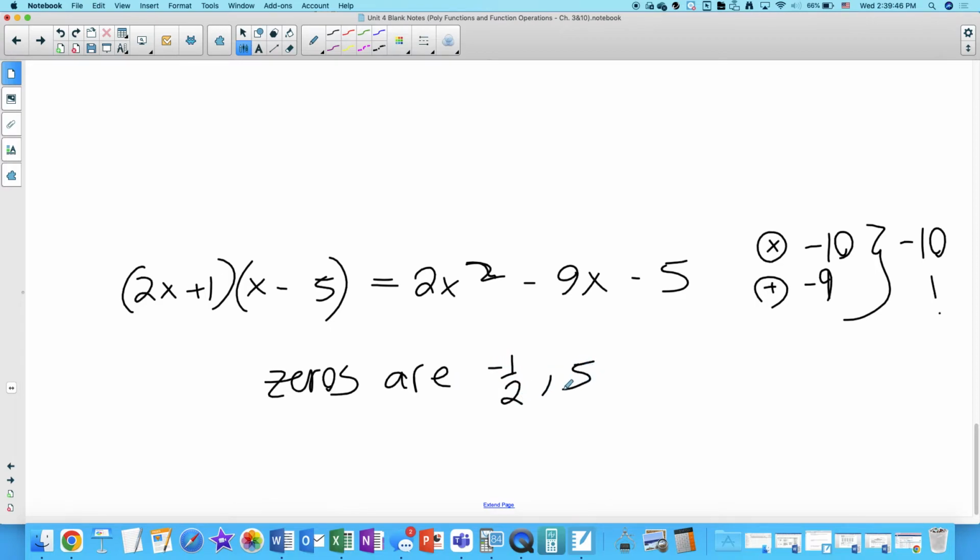If we set 2x plus 1 equal to 0, that zero would be negative 1/2. And if we set x minus 5 equal to 0, the zero is 5. So we're not getting integral values anymore, at least for one of them. We have a rational value. Okay, so we're going to move on to the rational zero theorem.